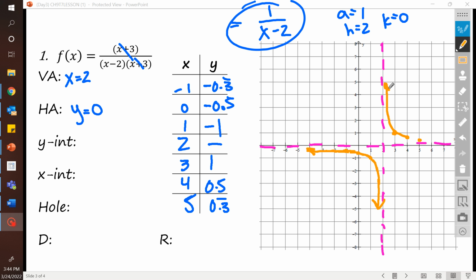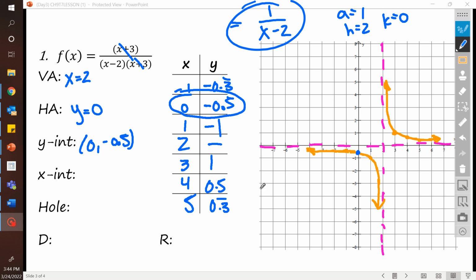So something like this. Now we can find the x and y intercepts by plugging in 0 for the other variable. For the y-intercept, I can plug in 0 for x, and I actually already did that in my table. So my y-intercept is (0, negative 0.5), and we can see that on the graph.